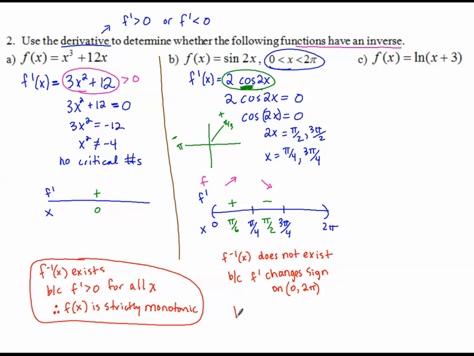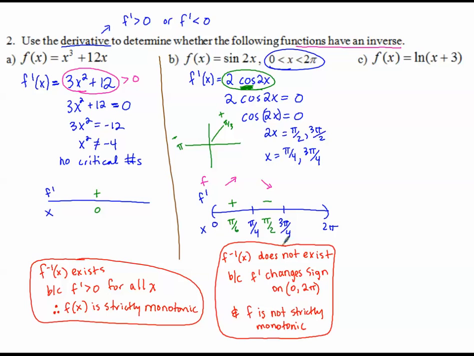And we can also mention how f is not strictly monotonic, meaning not simply increasing or decreasing on its entire domain. So that's some good information to back up why we know there is no inverse.